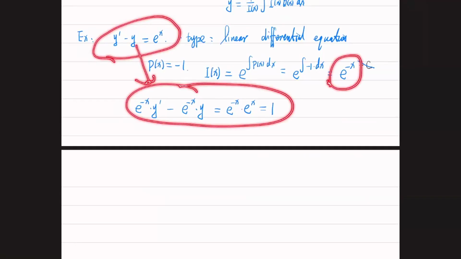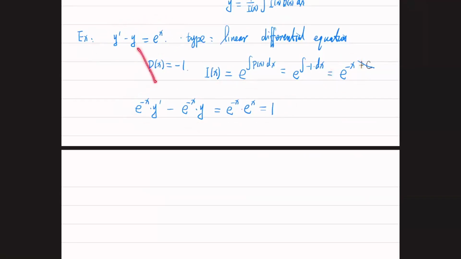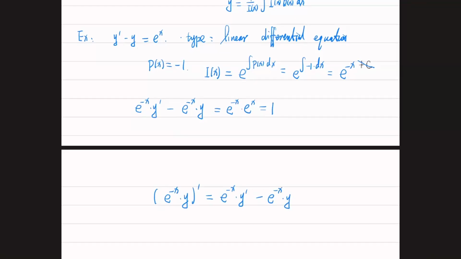It's the same equation. The difference is that this left-hand side is the derivative of the product. Let's verify. If we apply the product rule, it's the derivative of the second, plus the derivative of the first by the chain rule. And this, by the previous equation, is 1.